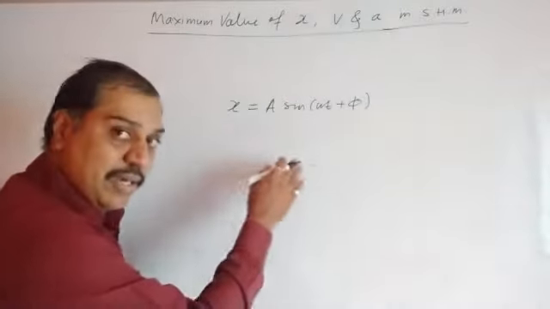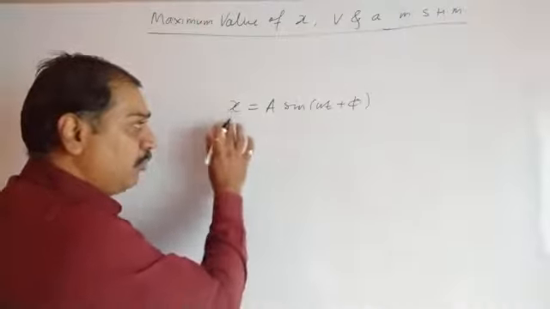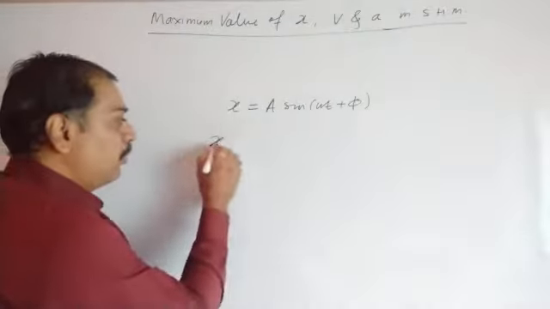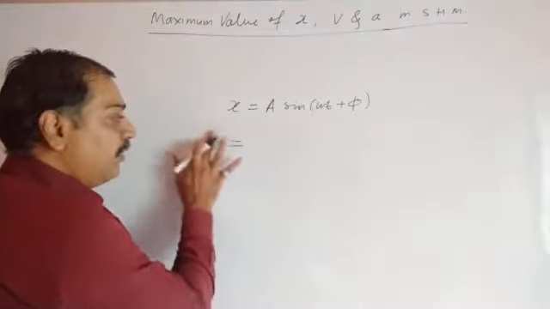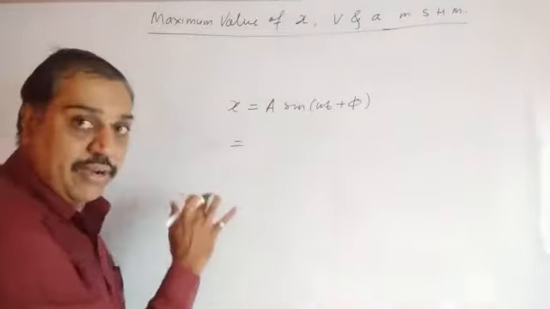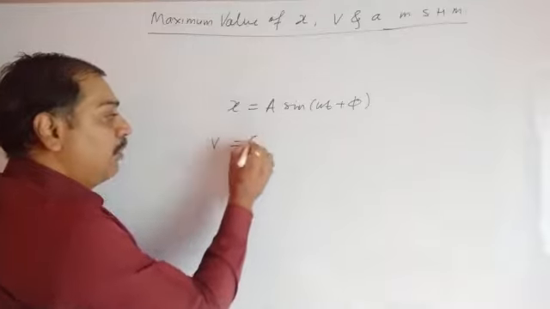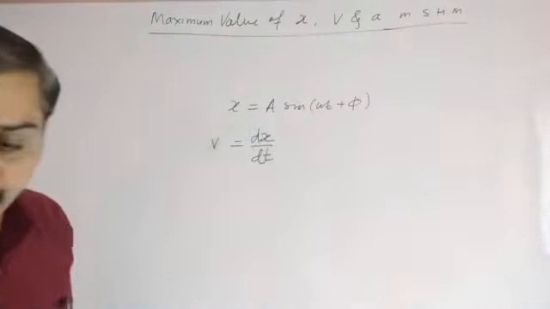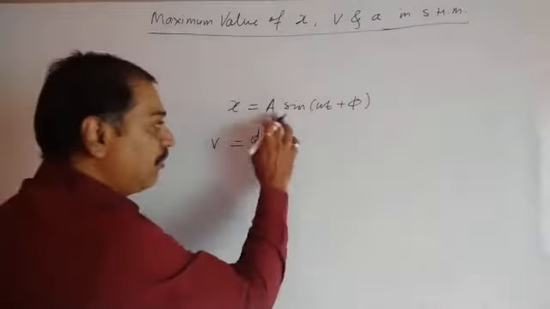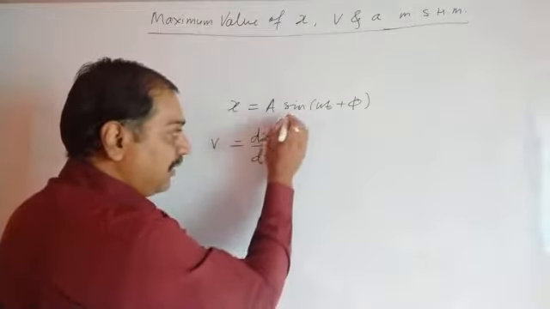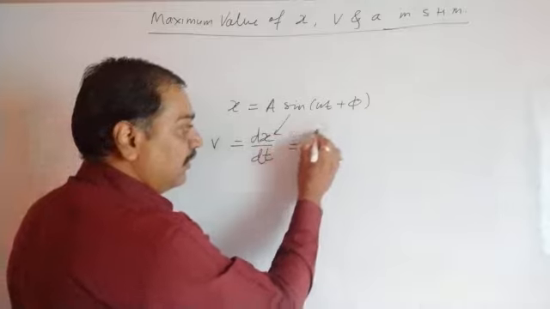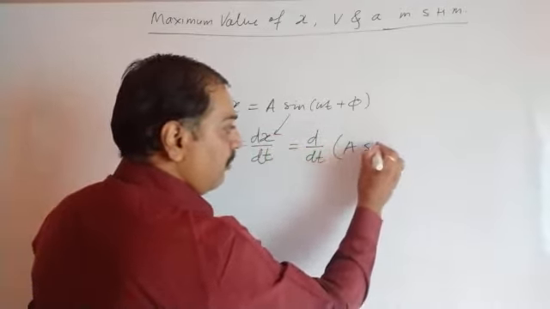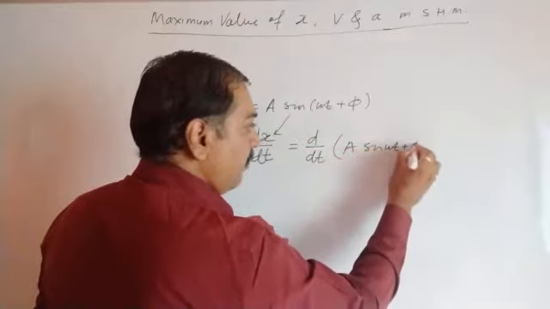As we have found the displacement, suppose we want to find the velocity. We know that v equals the rate of change of displacement with respect to time. So just take the derivative, putting in the value of x: d/dt of a sine of omega t plus phi.